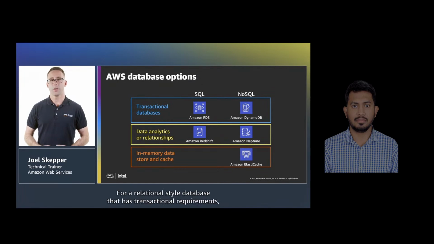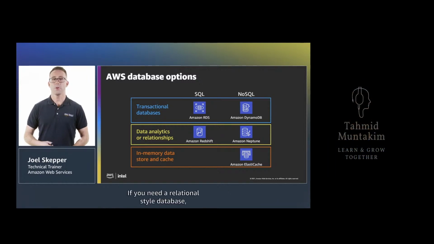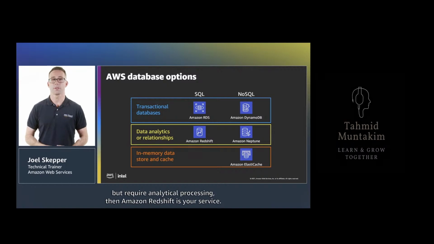For a relational style database that has transactional requirements, look no further than Amazon Relational Database Service, or RDS. If you need a relational style database but require analytical processing, then Amazon Redshift is your service.